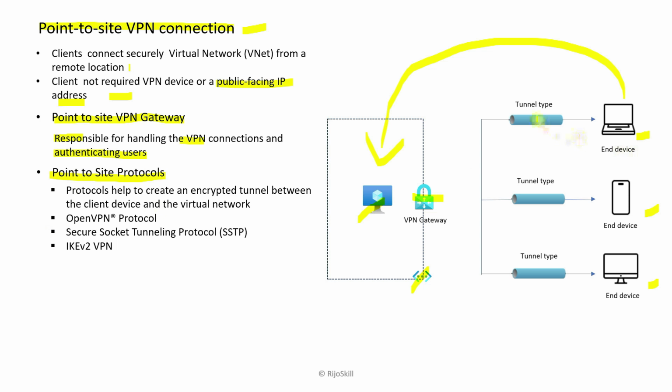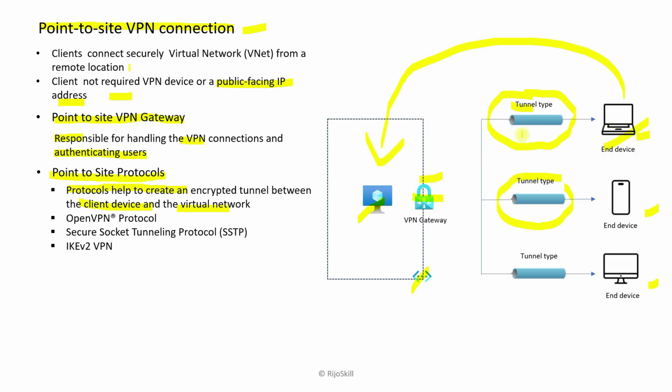So what protocol? Tunneling protocol. What do we mean by tunneling? The protocol helps you create an encrypted tunnel between the client device and your virtual network. So here you can create the encrypted tunnel between your virtual network and your end user device.